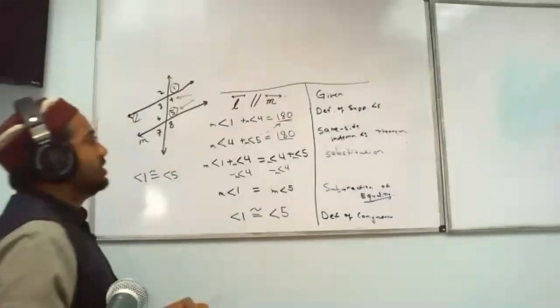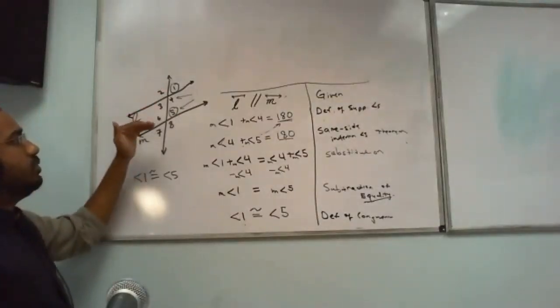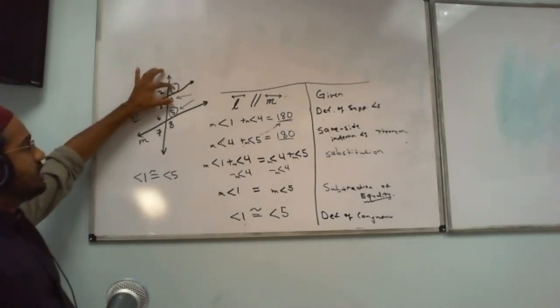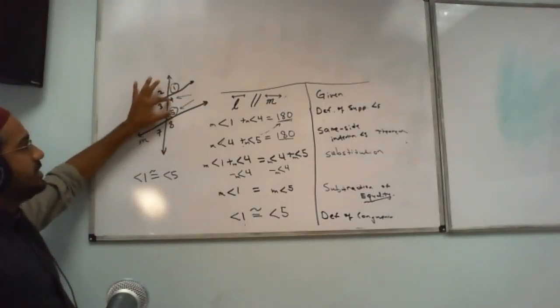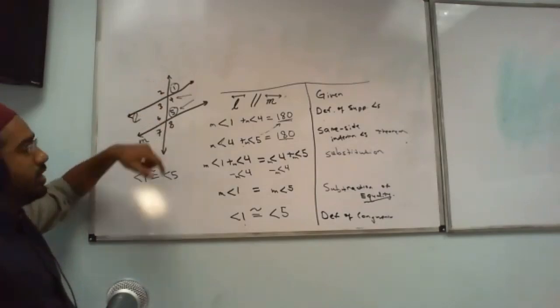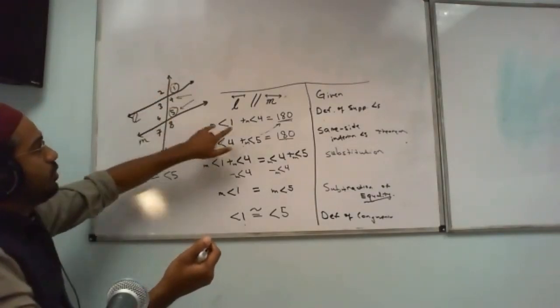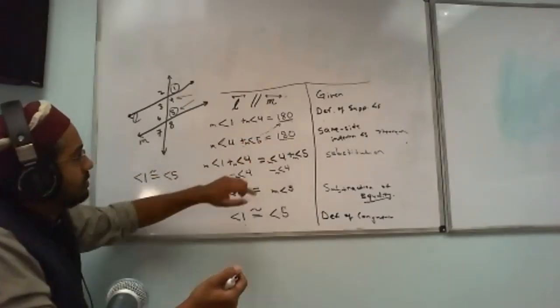All right, let me ask you, Ismail, do you understand the logic of what we did here? These two angles add up to 180, and I know these two angles add up to 180. I know 1 and 4 add up to 180, and I know 4 and 5 add up to 180.